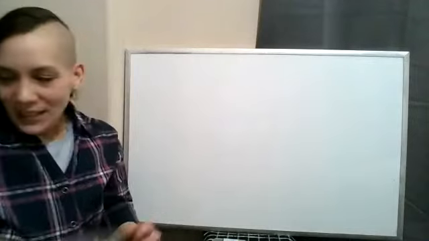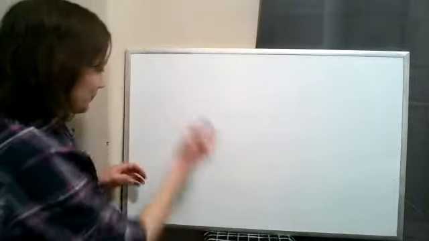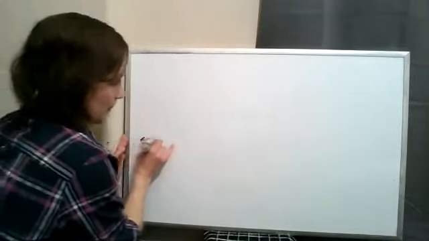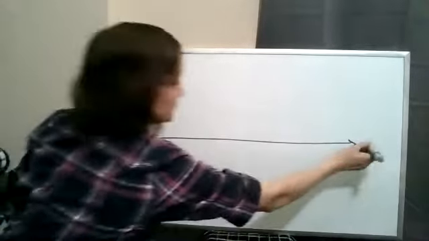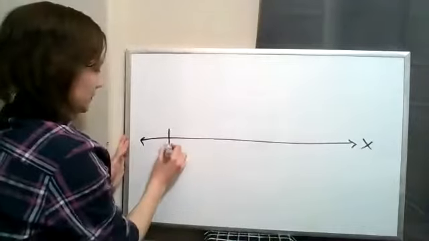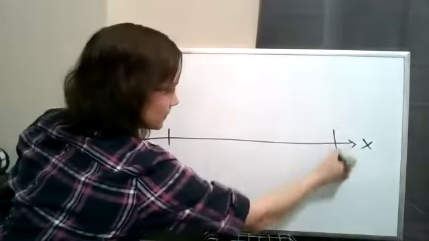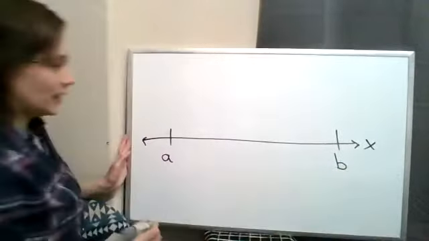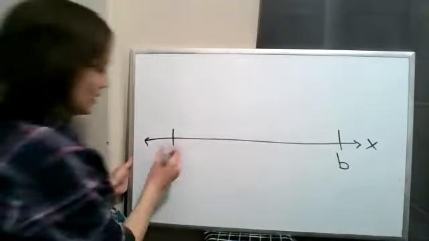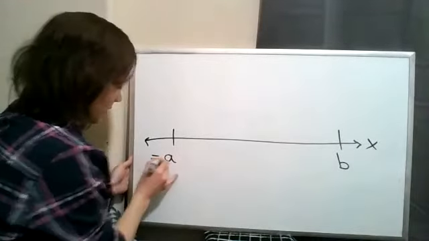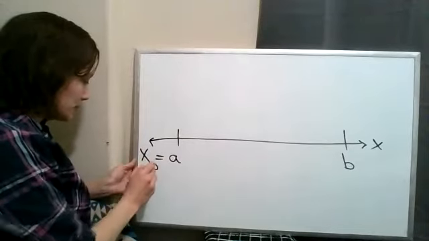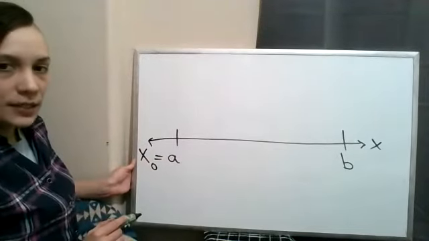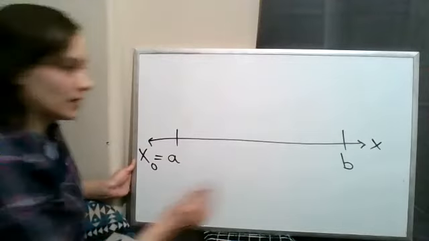So we're going to go back to the drawing. This is x naught, and the last one we call x sub n.